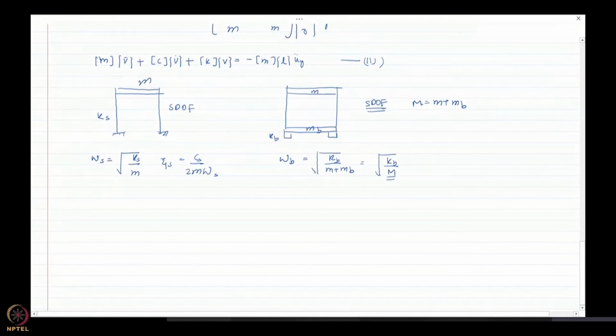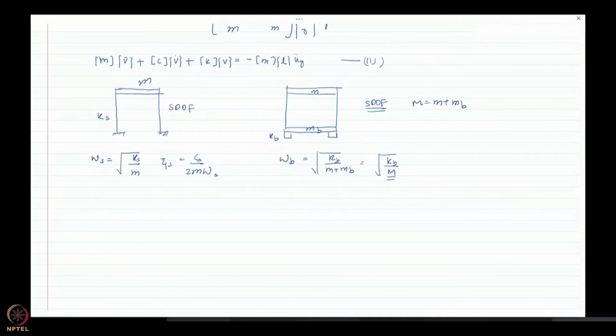Remember, initially when the structure is not isolated, you only have M. But when you need to isolate the structure, we need to provide an additional base mat, like we discussed yesterday and the day before in the class. For the base isolated structure, you need either a rigid arrangement of plinth beams, or you can provide a very rigid base mat. So omega b is the square root of Kb divided by M, where M is the total mass.